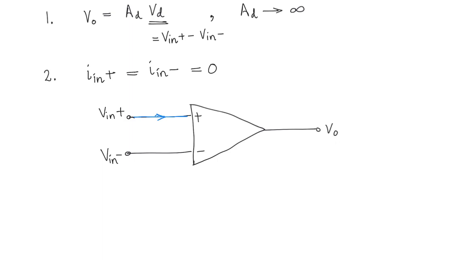Internally, there are some resistances and other electronic components inside the op amp, and therefore it needs some power from the input to work. So this current is called the current at the inverting terminal, and similarly there is going to be a current at the non-inverting terminal, and both these currents we are saying is 0.